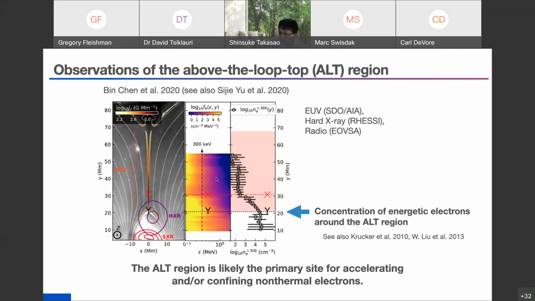The middle panel shows the energetic electron energy distribution along the current sheet, and the right panel shows the estimated number density against the height. So we see the concentration of energetic electrons around the ALT region.